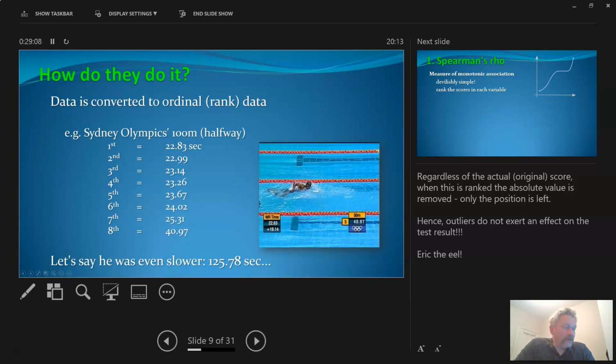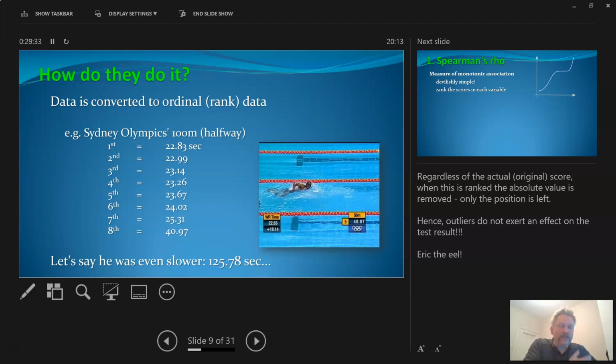That's still going to be the 8th position or the highest score or whatever. But you only ever do the analyses on those ranks themselves, and that is the simplistic, exceptional brutality of the non-parametric statistics. Take the raw data, convert it into the ranked positions, and then do your analyses on those ranks.